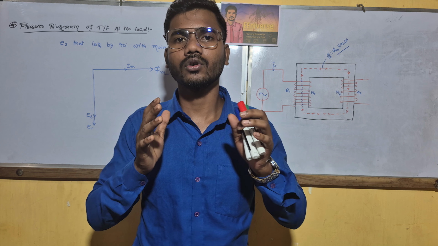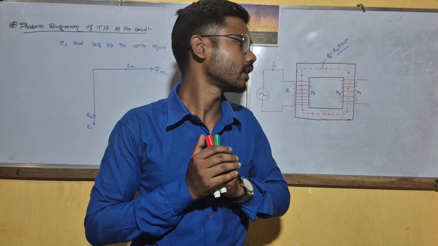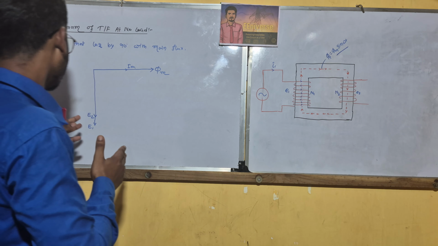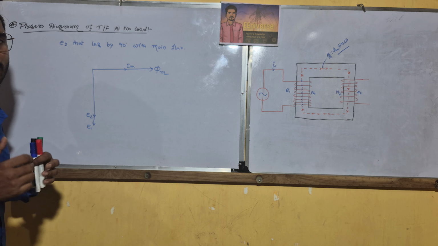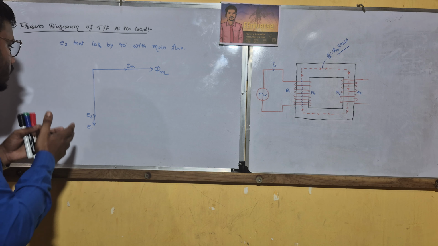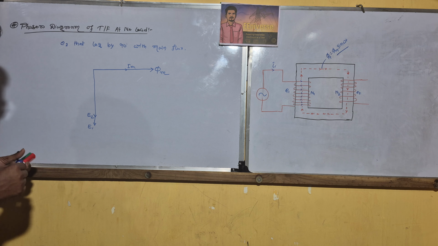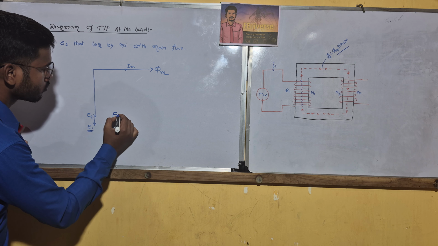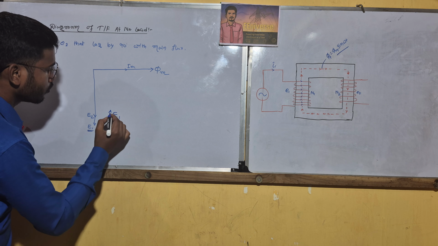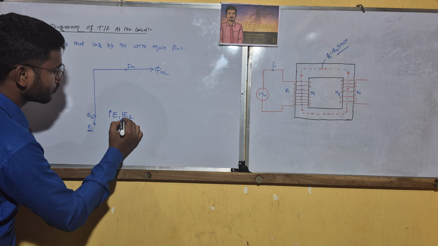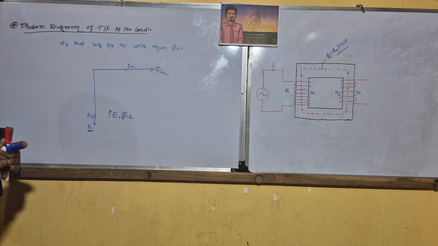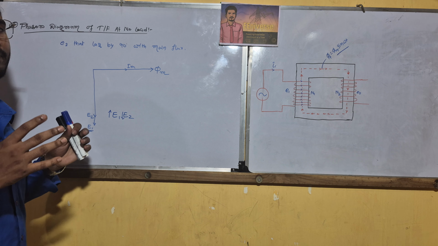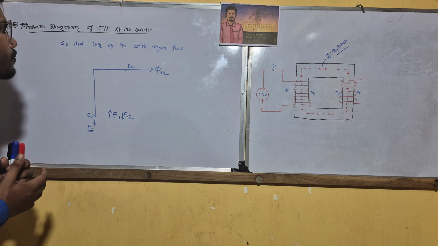That's why we can call this a step down transformer. In our phasor diagram we can also see the magnitude of E1 is more than E2. So that's why we can call this a step down transformer.